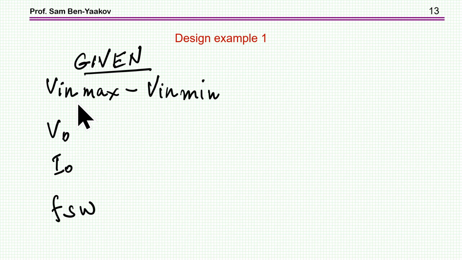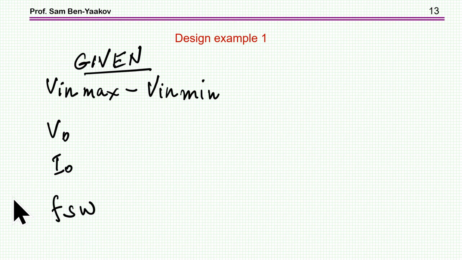I'm assuming that the input voltage is changing between some Vin max and Vin minimum, that the output voltage is constant and the current at the output is constant, and I need a certain switching frequency. So this is given.